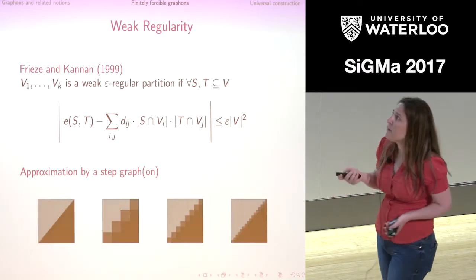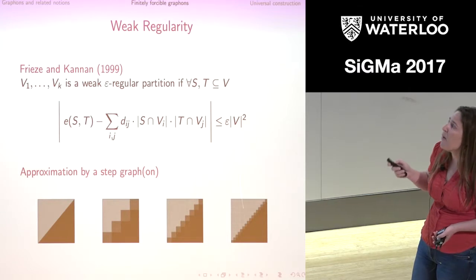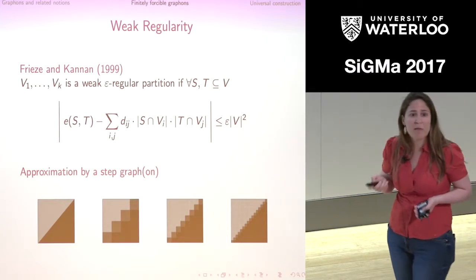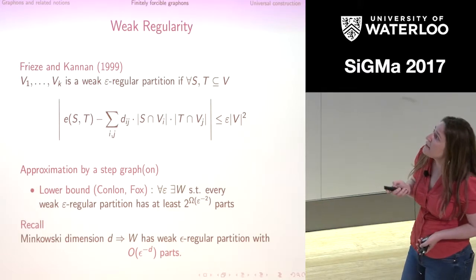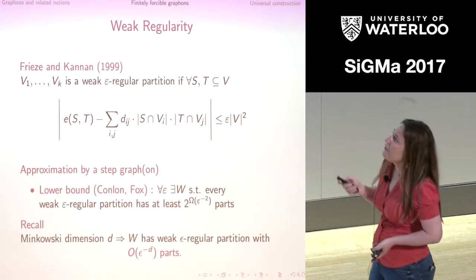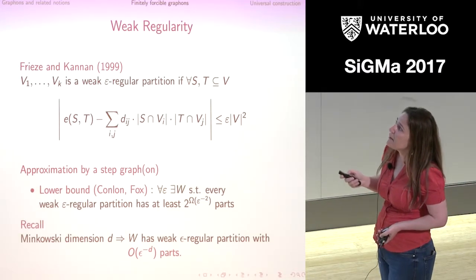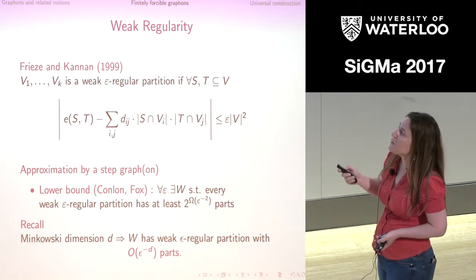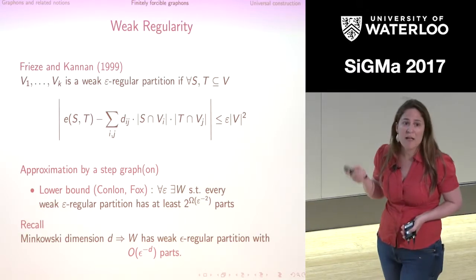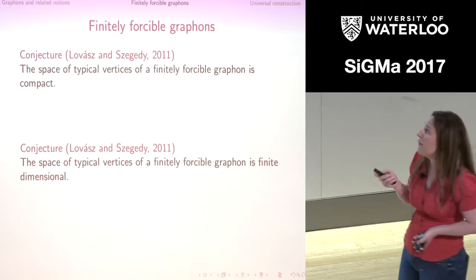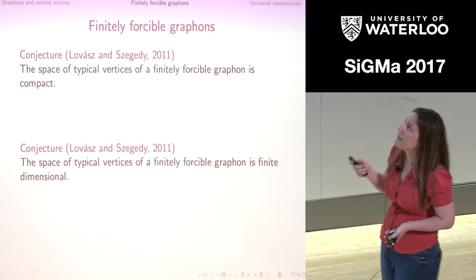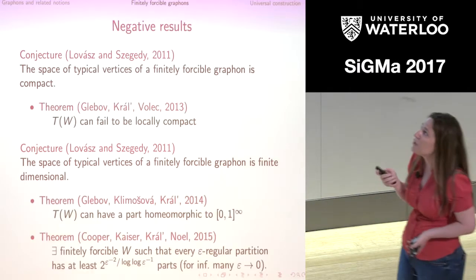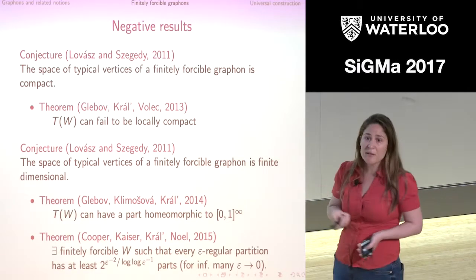The number of these parts is basically how many steps in your graphon you like, how much you need to refine it. Again, if you have not that many parts, not an exponential number, it seems like your graphon can be very simple. So the conjectures are saying that it is simple, but unfortunately, we already have negative results.